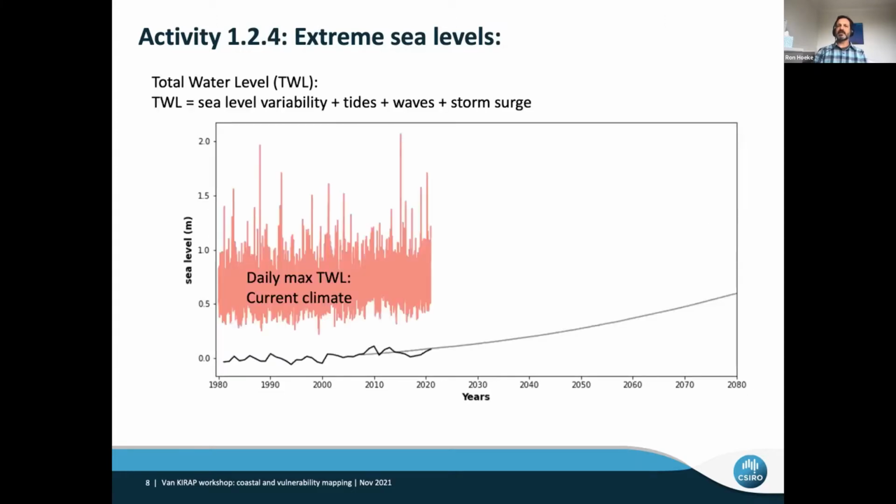But then if we consider our hourly total water level, so that's including the tides and the waves and the storm surge estimate, we can see that there's a lot more variation on short time scales, and it's actually quite peaky.